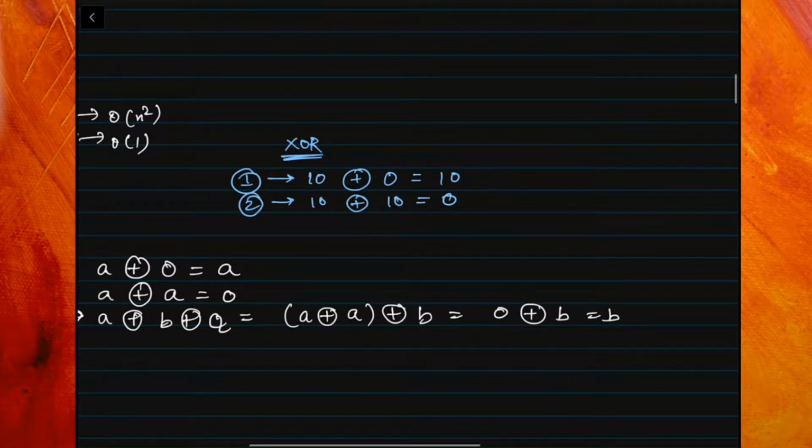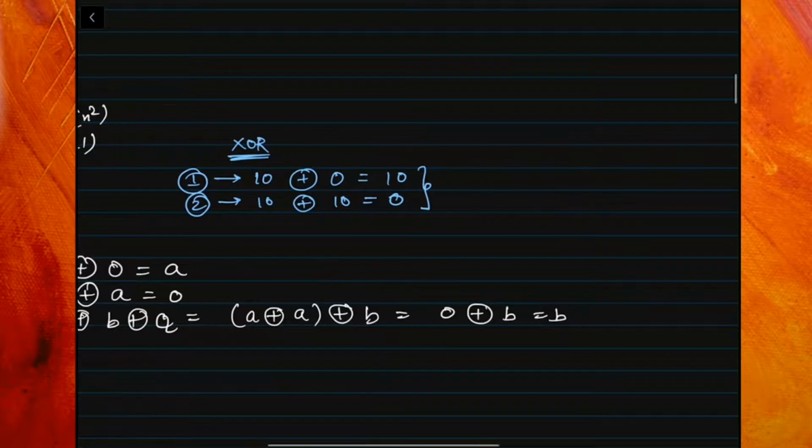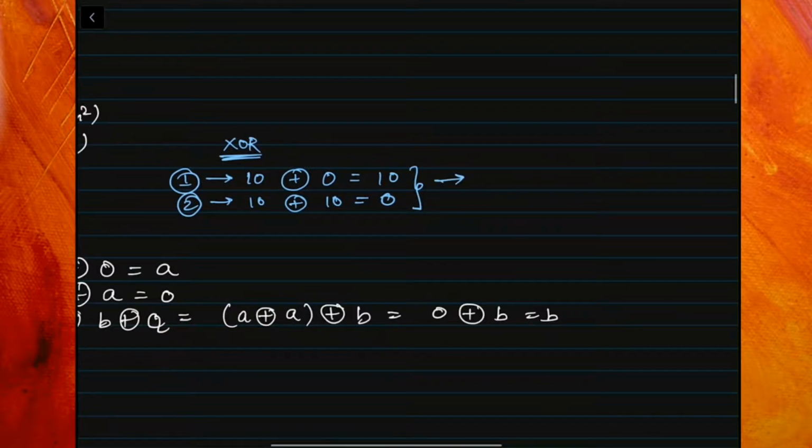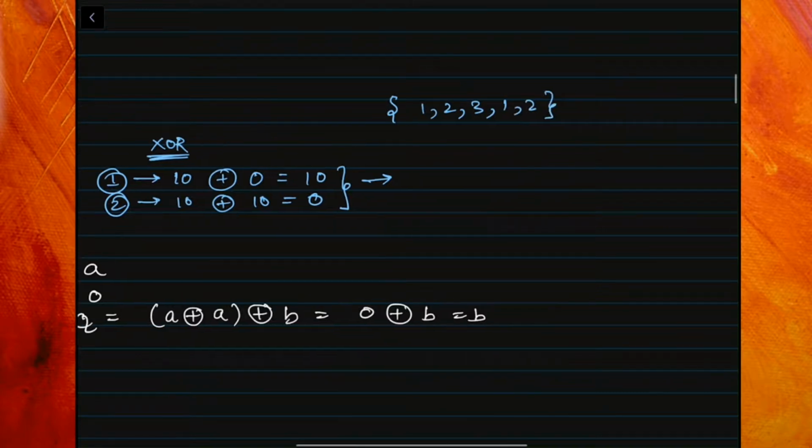Using these two principles, let's say in the array we had elements 1, 2, 3, and again 1, 2. If we XOR this number with, let's say, 2, it will give us some other result.